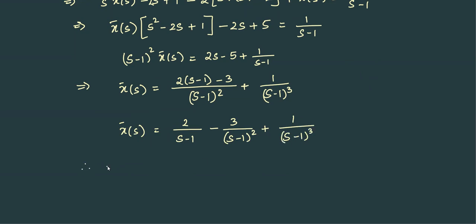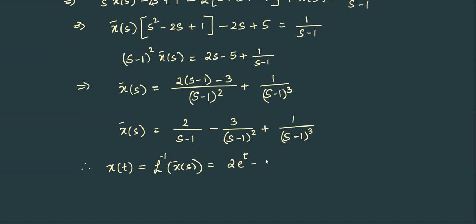Therefore, x of t is Laplace inverse of x bar of s, which is Laplace inverse of 2 by s minus 1 gives 2e power t.